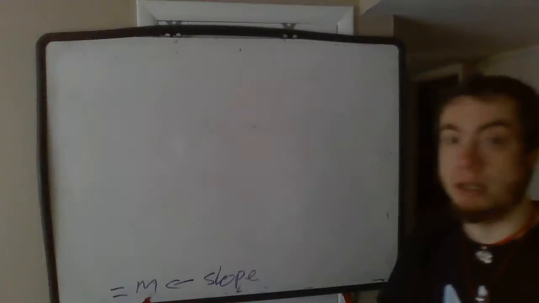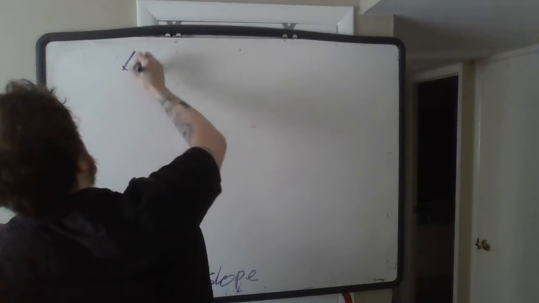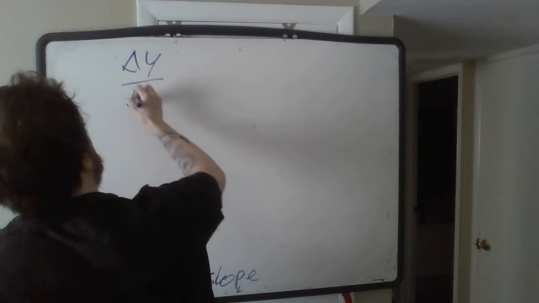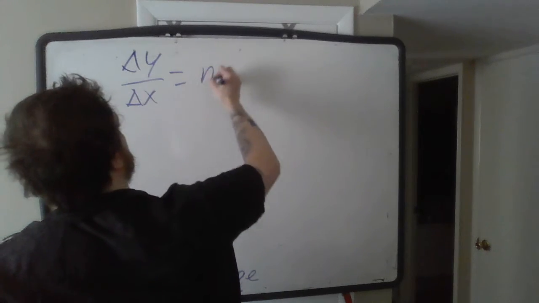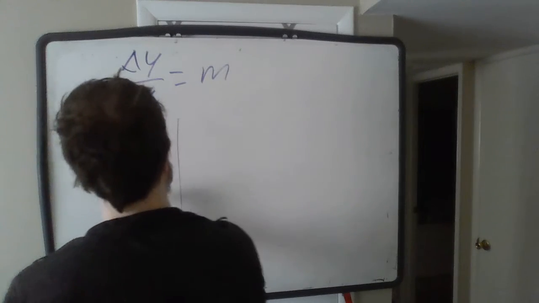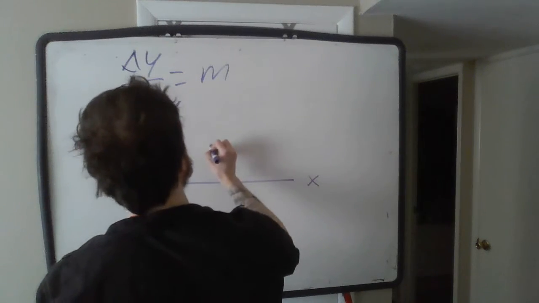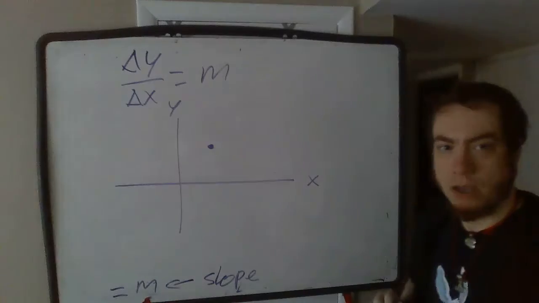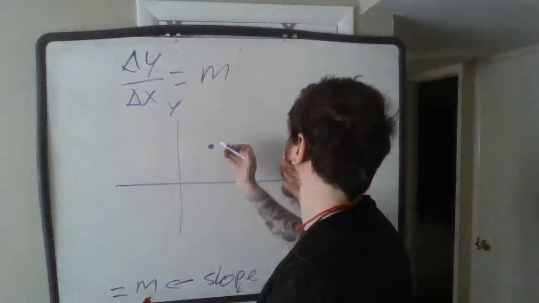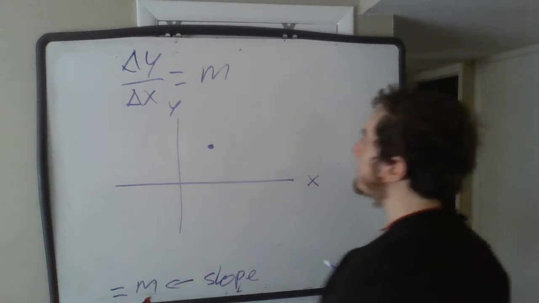What we found from that complicated little computation here is that the change in y divided by the change in x is always equal to m. Well, what does that mean in terms of our graph? It means that if this is some point on my line, and I don't know where the point is, but let's just pick a point and do a quick example here.